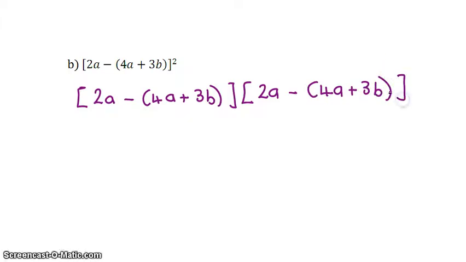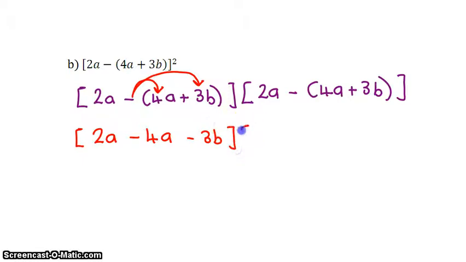Now, when I have brackets and then brackets, I always try to start inside. So I don't start doing my outside brackets. I look at my inside brackets. Now, I see this and I'm thinking, well, this is simple. This is just distribution. So in each of these brackets, I'm going to do my distribution. So I get minus 4a and minus 3b. And that means that this one will be identical, minus 4a and minus 3b.